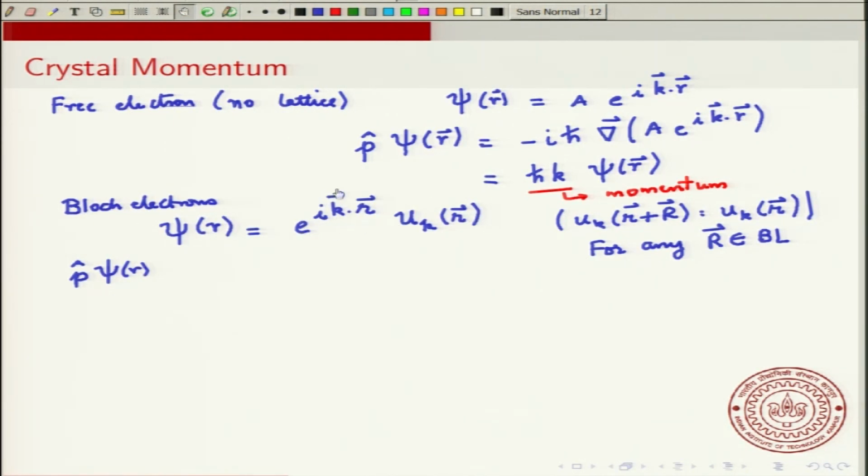The term involving the gradient of e to the i k dot r will simply look like h cross k times psi of r, but you will have another term that looks like minus i h cross e to the i k dot r times the gradient of u k of r.